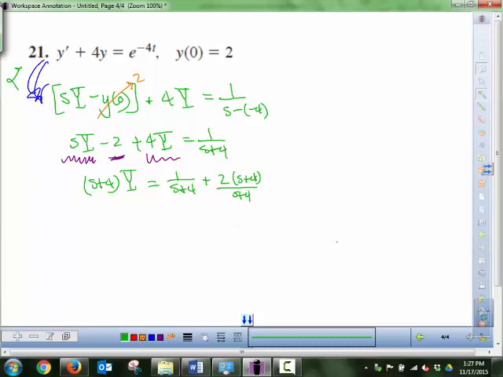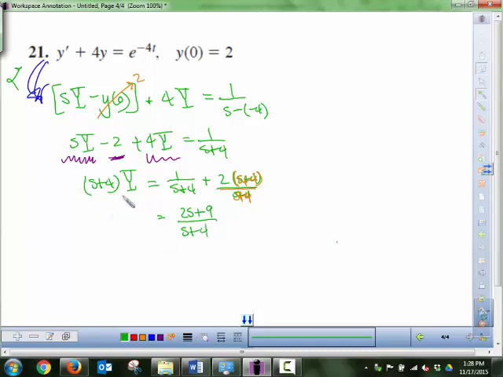Oops, I wanted to do that in a different color. So let's see if we can simplify the top. I have a 2s plus 8 plus 1, so we just call that 2s plus 9 over s plus 4.